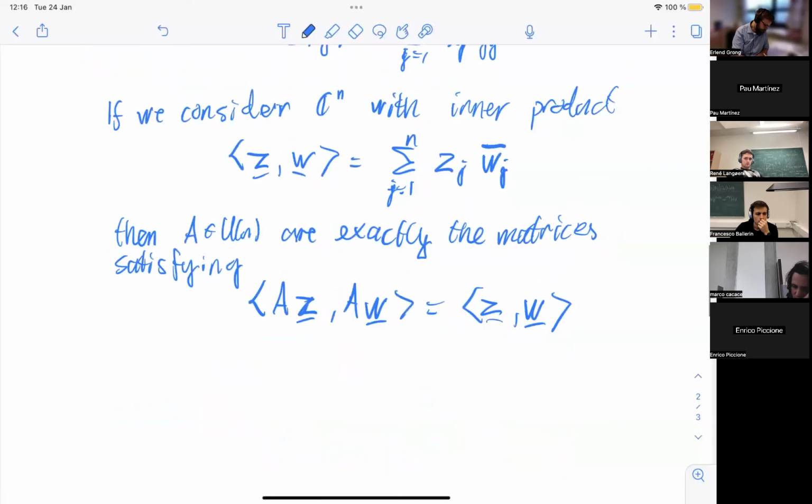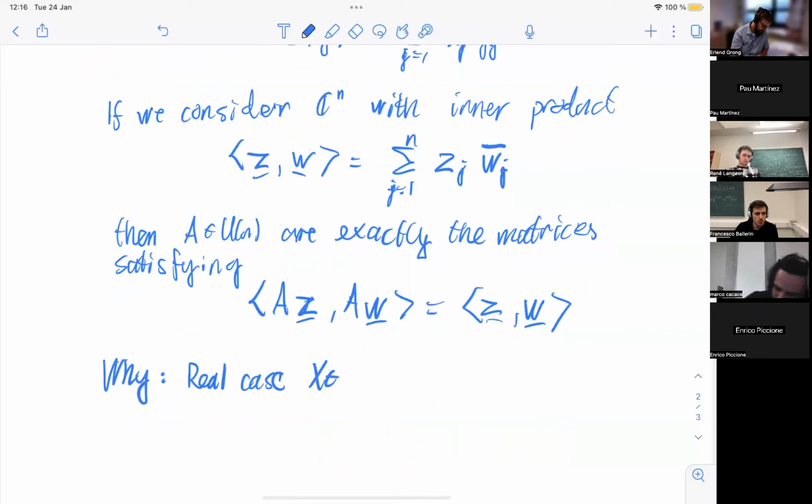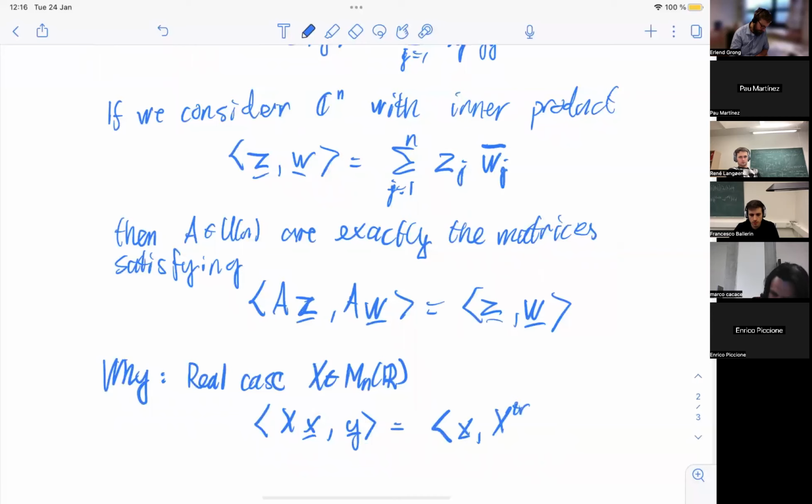So why? For the real case, when X is in Mn(R), then Xx dot y is exactly x dot X transpose y.